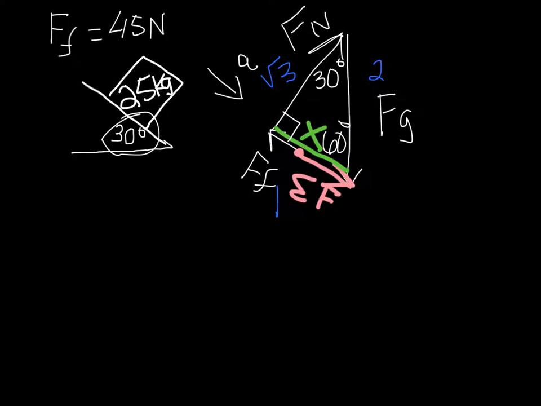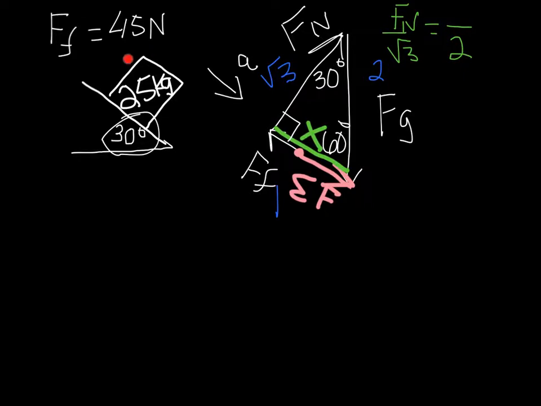All right, so the first thing I'd like to know is what the normal force is. So the ratio of the normal force is square root of 3. And then I would need the gravitational force, which is 2, so I need to calculate that.